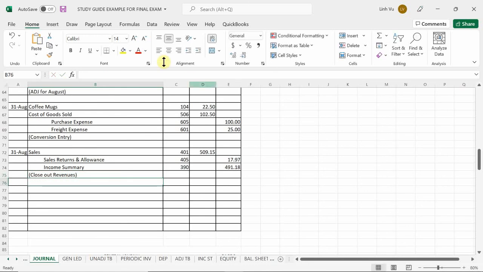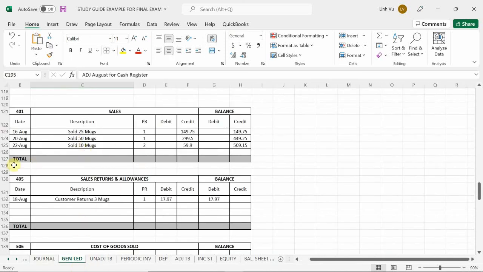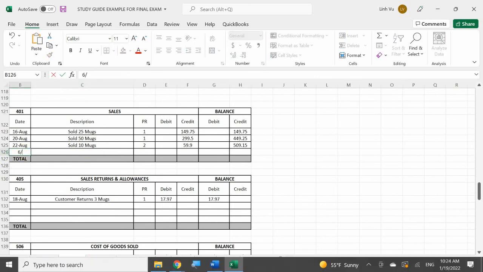Okay. So let's go ahead and zero everything out in my ledger, starting with the first one here for sales. Right, we debited for 509.15.